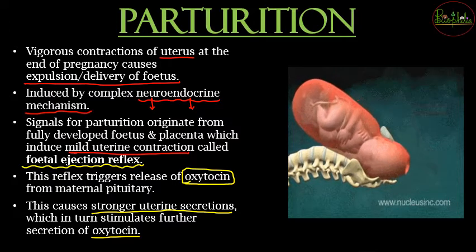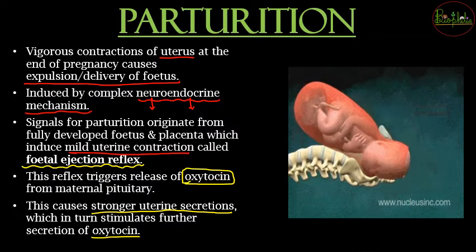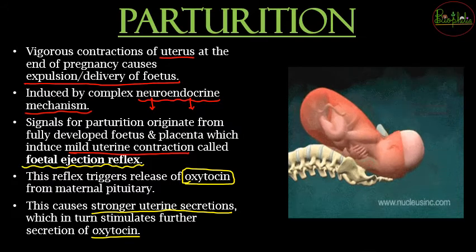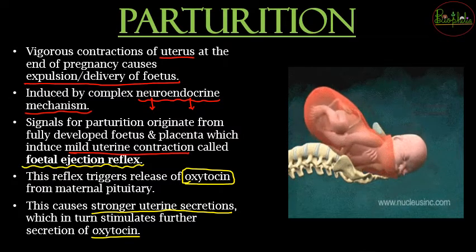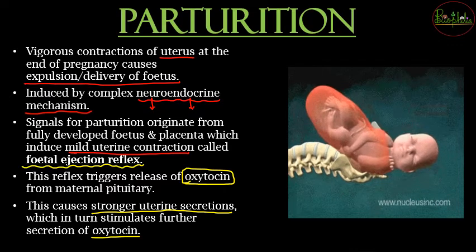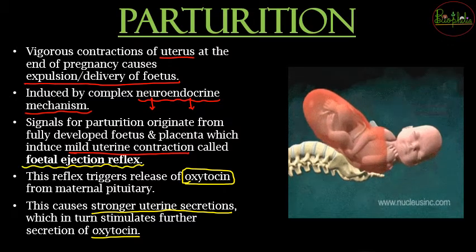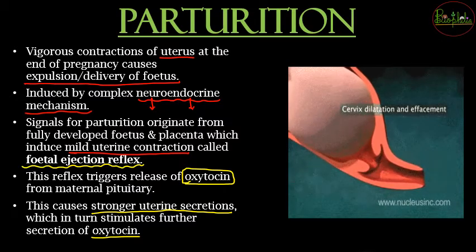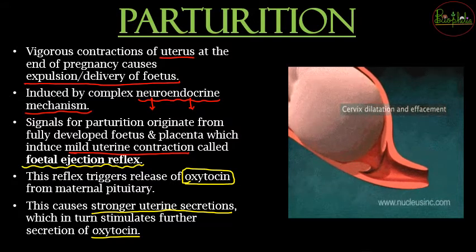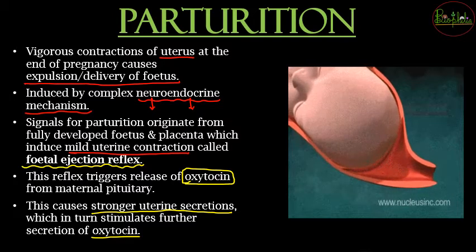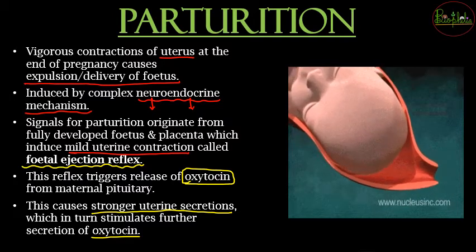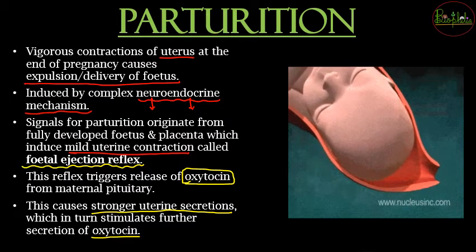Once the oxytocin levels increase, the duration as well as the frequency of the contractions is going to increase, and the parturition process will be completed. Now this was just a slight explanation about the entire process. Now let us go into the details and understand the stages that actually occur during parturition.